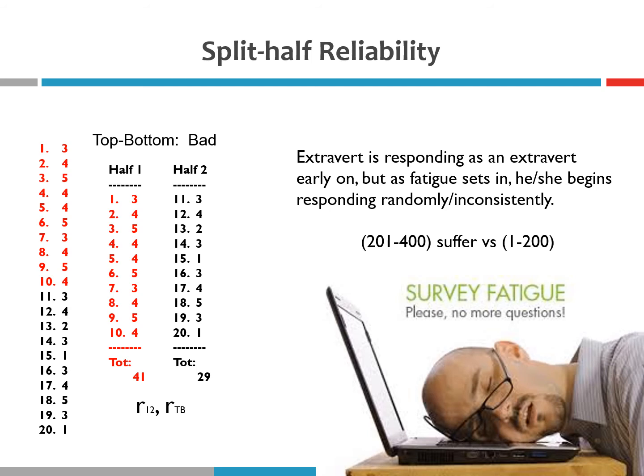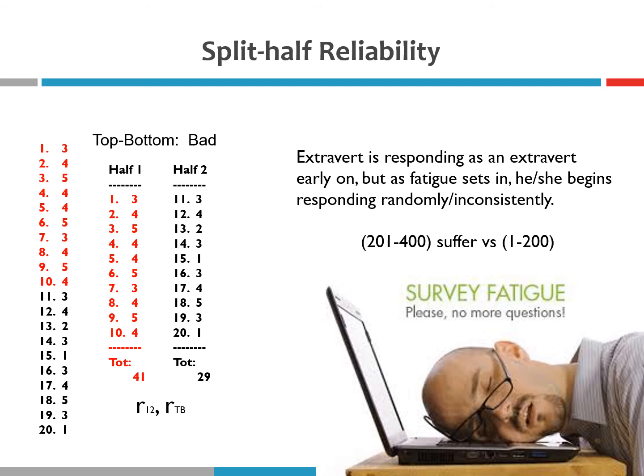Well, in that case, once you correlate the responses from the top half with the responses from the bottom half, if you get a low correlation, you don't know if it's because your questions are not internally consistent, or if it's due to something about your respondent.